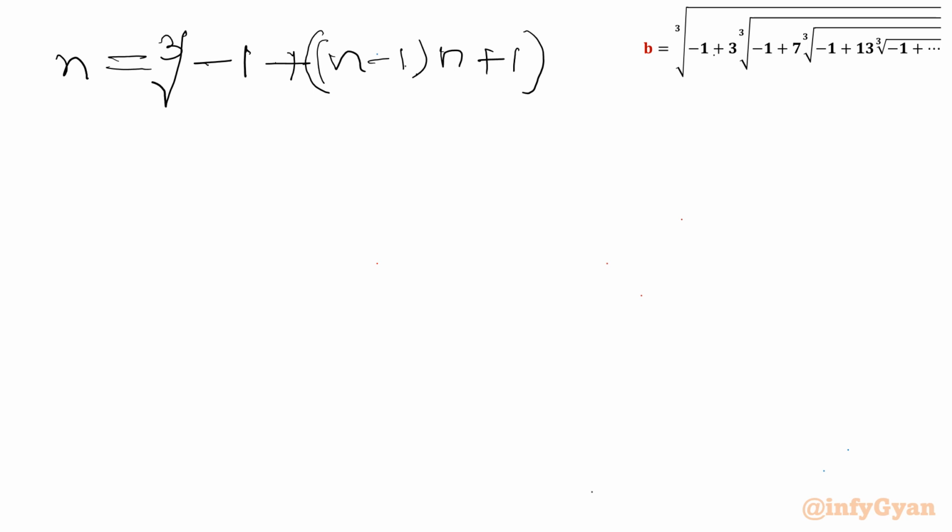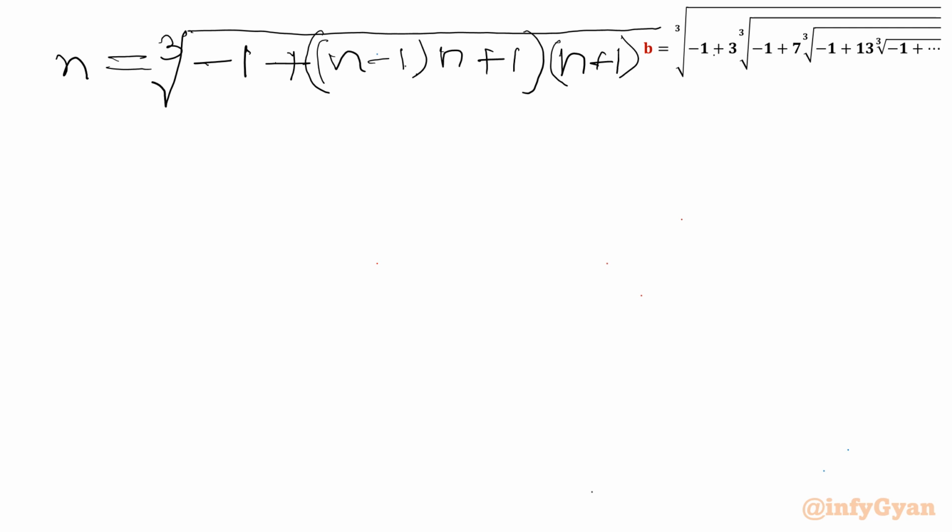I will write the formula first: n equal to cube root of negative 1 plus, I will write n minus 1 times n plus 1, and then we can write n plus 1. This is our formula.